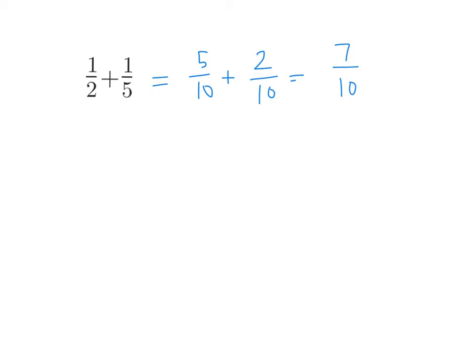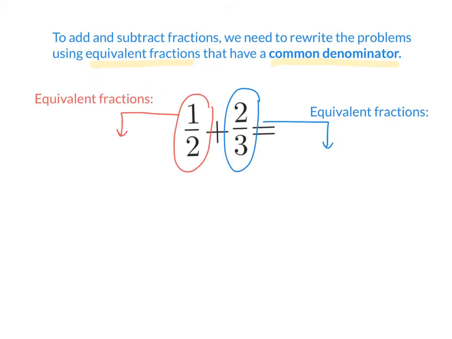But today, we're going to learn how we can use something called the least common denominator to make equivalent fractions instead. Equivalent fractions means fractions that have the same value. My first addend, the first fraction I'm thinking about, is 1/2. What's a fraction that is equivalent to 1/2? 2/4. What's another? 3/6.